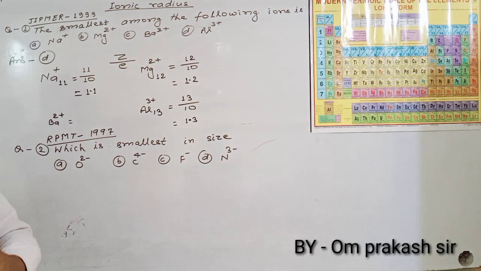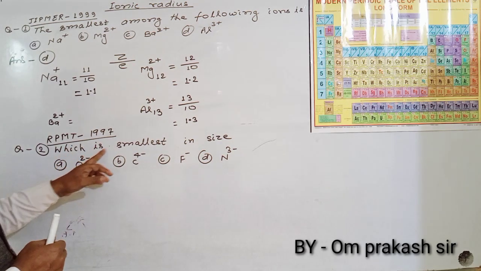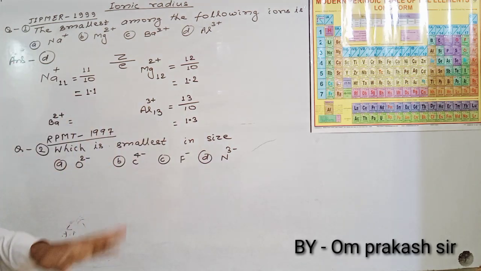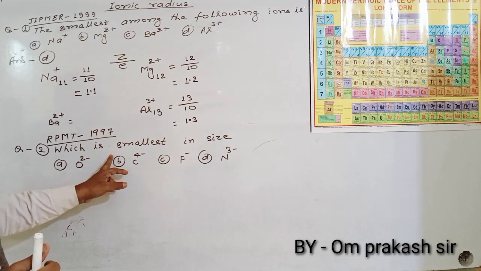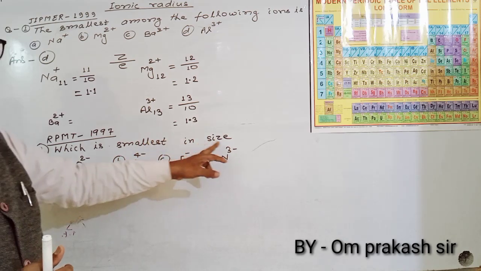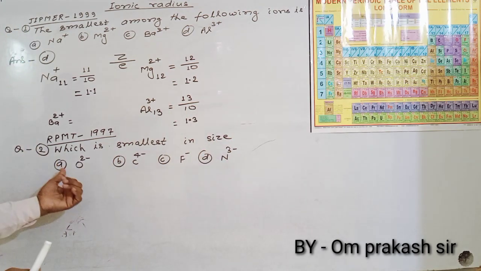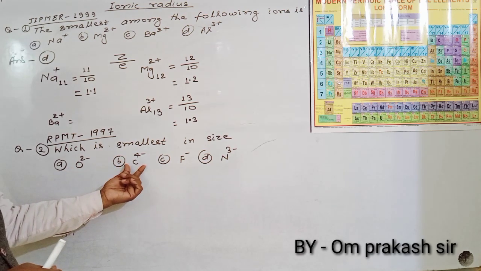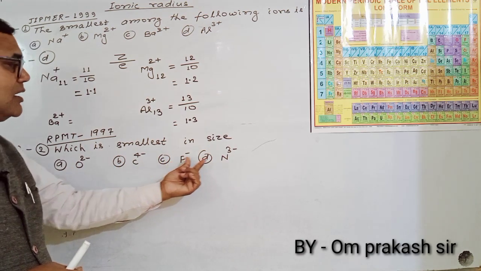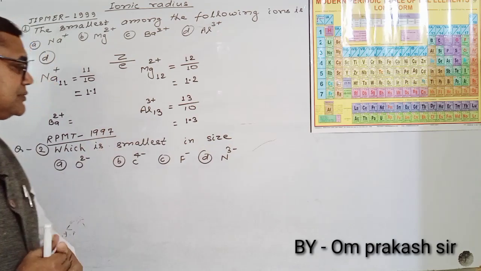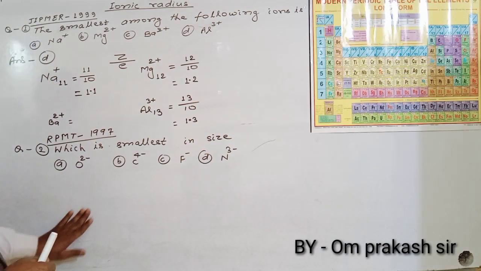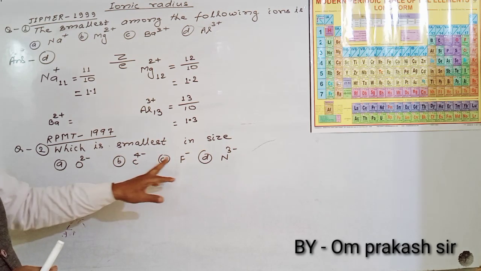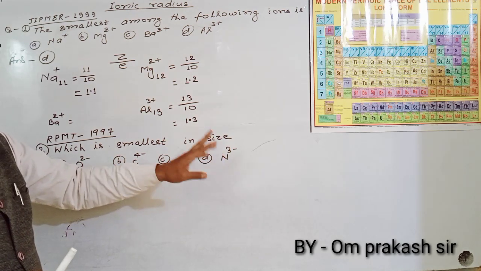Question is, which is smallest in size? Option A is oxide ion, carbide ion, fluoride ion and nitride ion. We also call oxygen ion, carbon ion, fluorine ion and nitrogen ion.